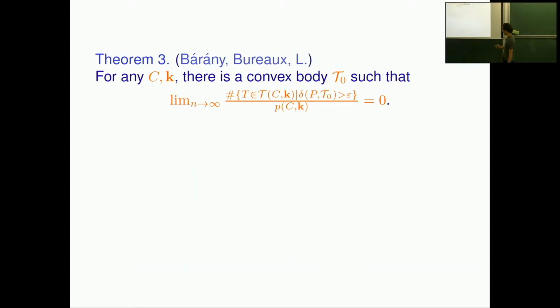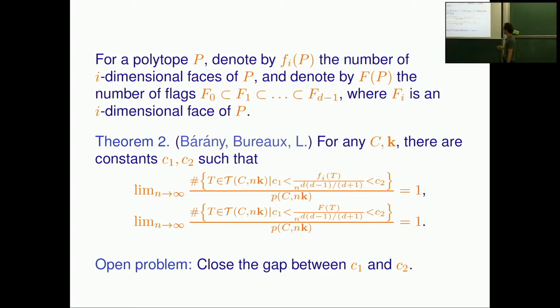Can I? So in the first equation, you have f_i, but no other places that mention i. Yeah. So i is just any integer that you could put in for the i. So it has to be bounded between 0 and d minus 1. Right. So this number of i-dimensional faces independent of i.